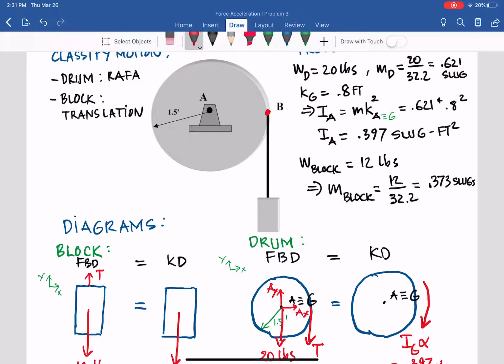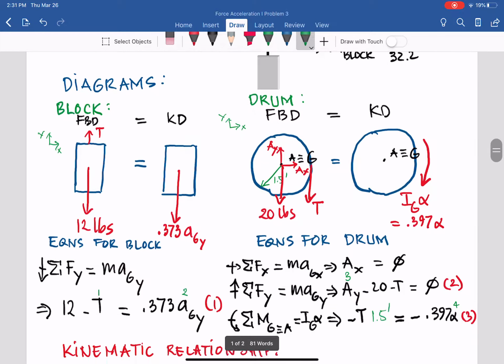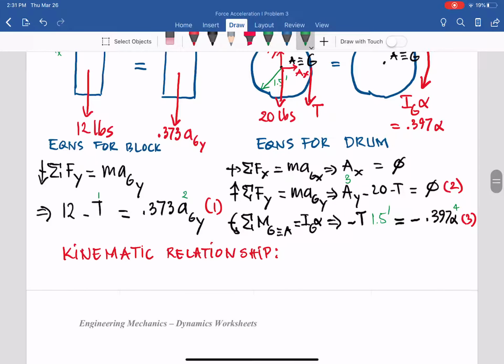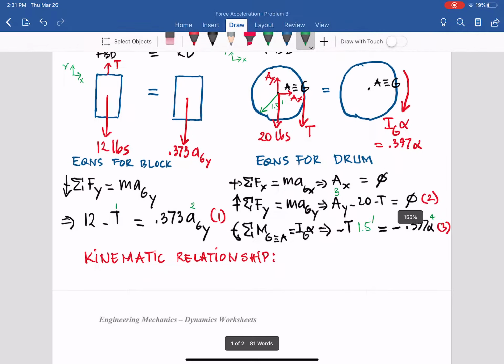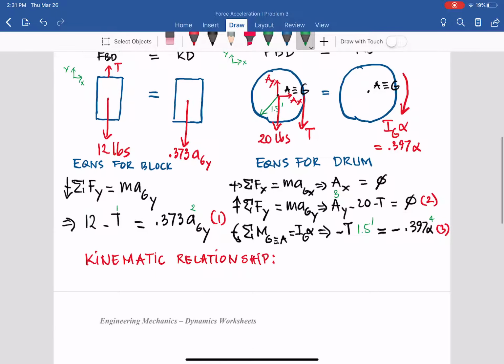So if you recall this one, if that here is perpendicular, so what we have, AB for the drum, will be equal to alpha R, right? And B belongs to the block, so it equals Ay, because it is translation, any point on the body has the same acceleration for the translation body.